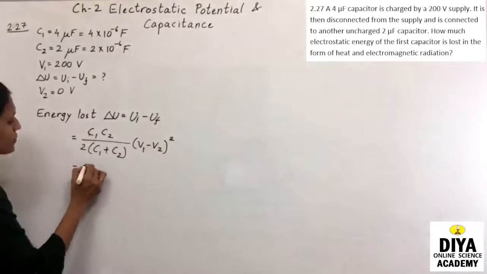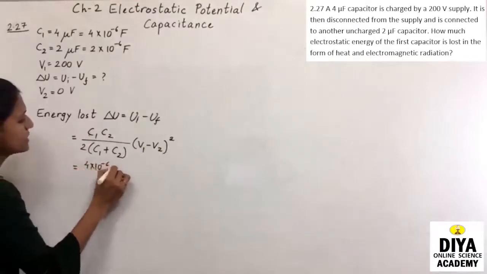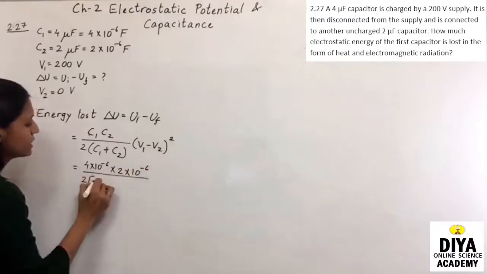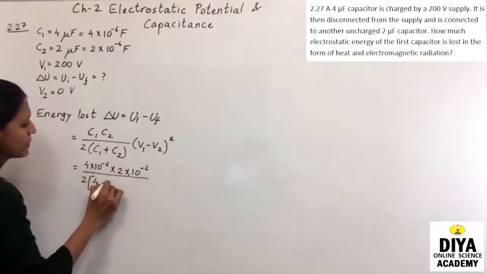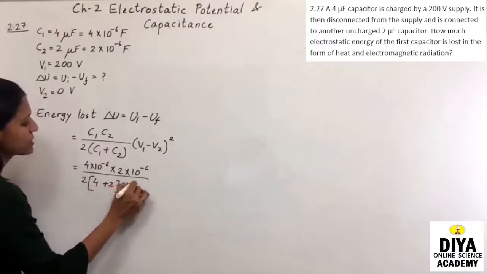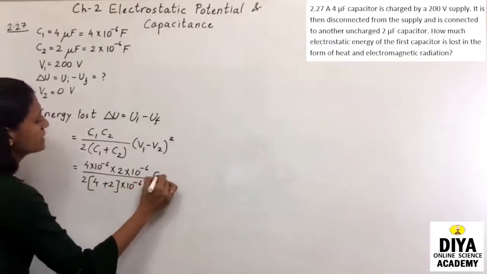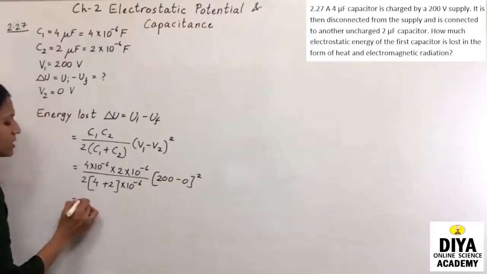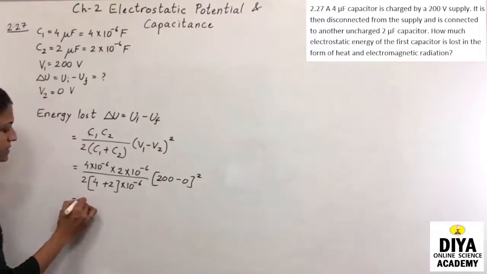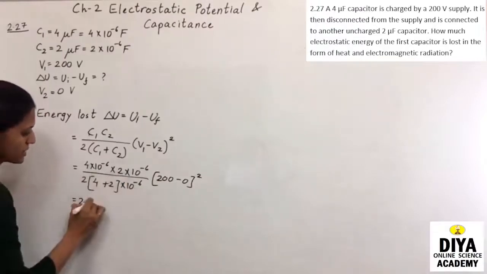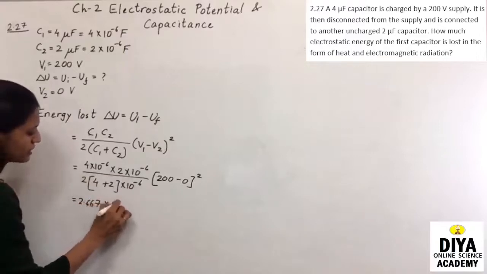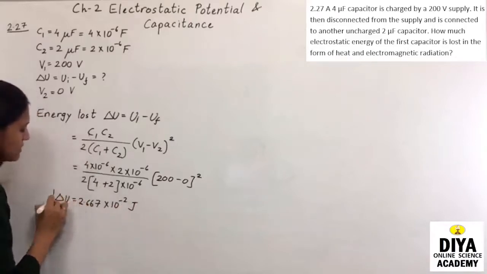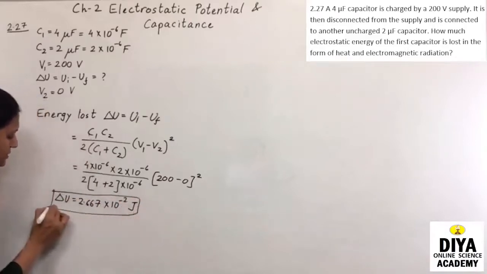C1 C2 is 4 into 10 raised to minus 6 into 2 into 10 raised to minus 6 upon 2 into 4 plus 2, common is 10 raised to minus 6. V1 is at 200 volt and V2 is at 0 volt. So the answer will be 2.667 into 10 raised to minus 2 joule. This much energy will be lost in the said process.